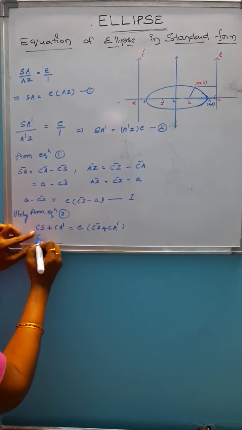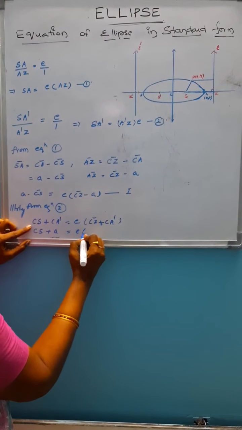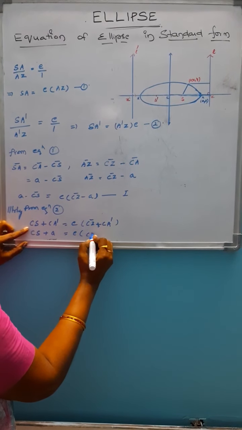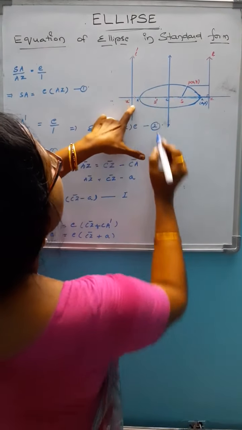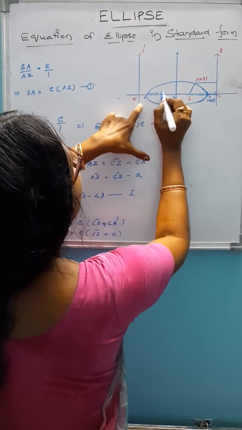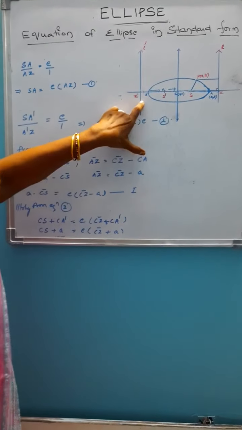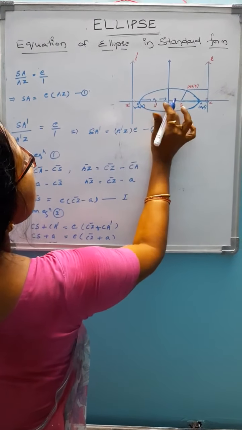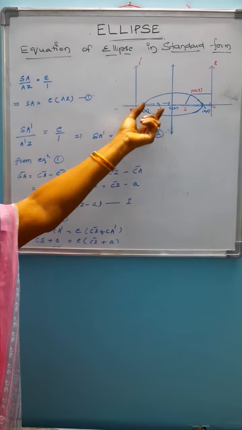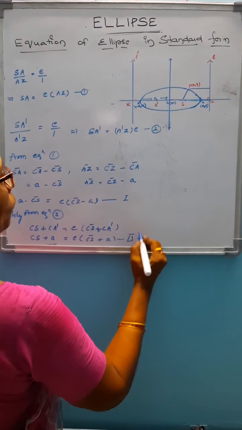From this, CA dash means A, so CS plus A is equal to E into CZ plus A. CA dash is also A because C is the center, its coordinate is 0. Coordinates of A dash is minus A, 0 because it is in the opposite direction, but its magnitude is A. So this is equation 2.